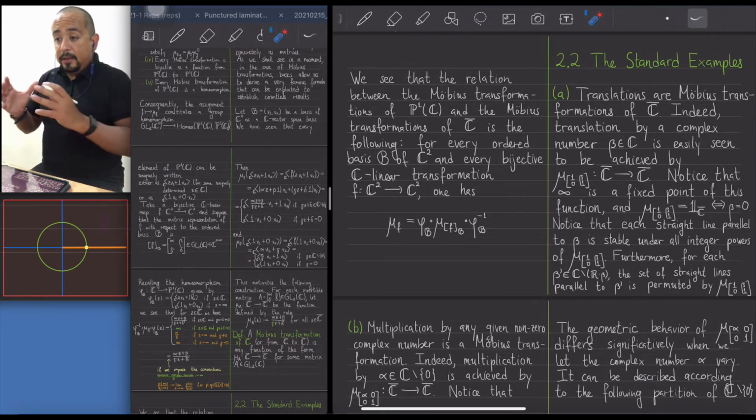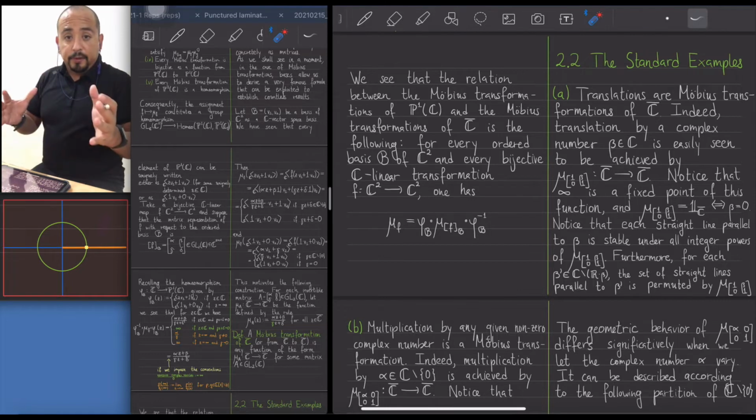It turns out that many of these obvious functions are Möbius transformations.